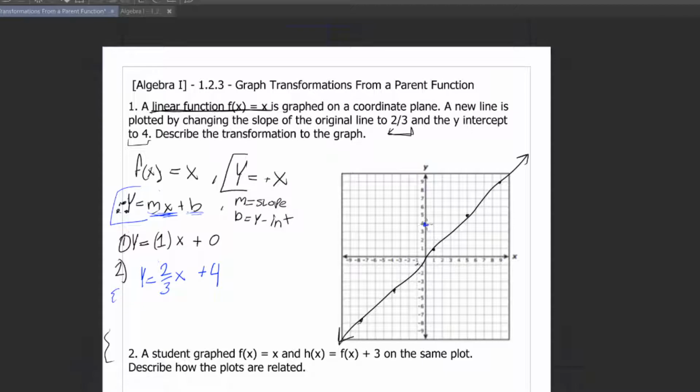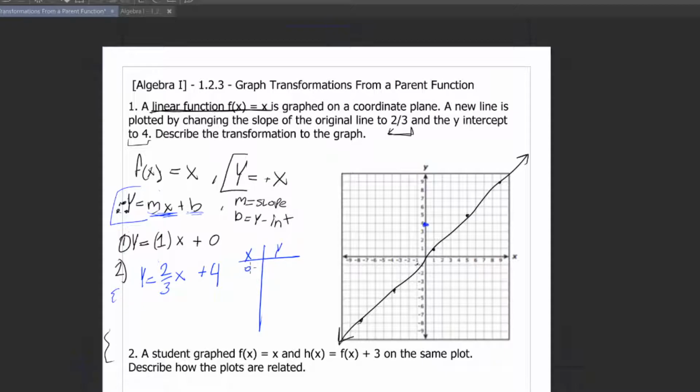You could do this in multiple ways, but one way I would recommend, if you are in a rush, or you don't have a calculator on you, or you just can't do this math in your head, is to write an XY table.